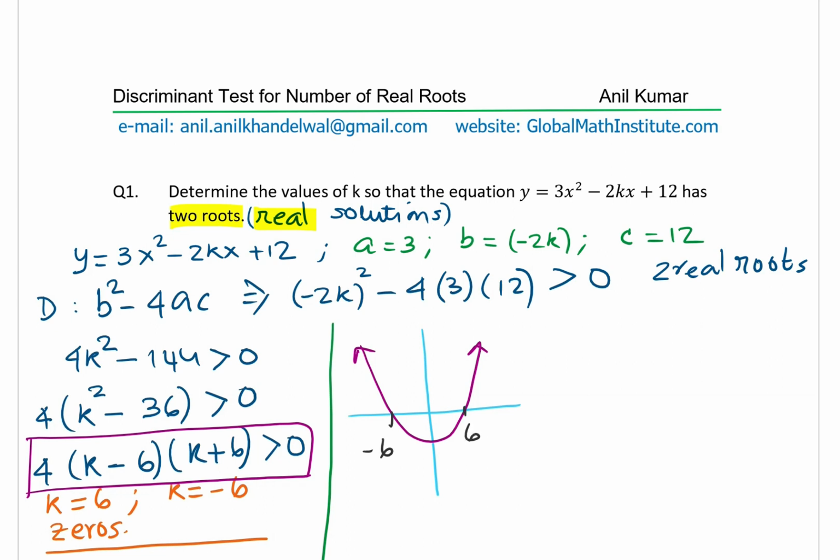So clearly, the values where it is greater than 0 are these. So we have our solution: k is either less than minus 6 or k is greater than 6.